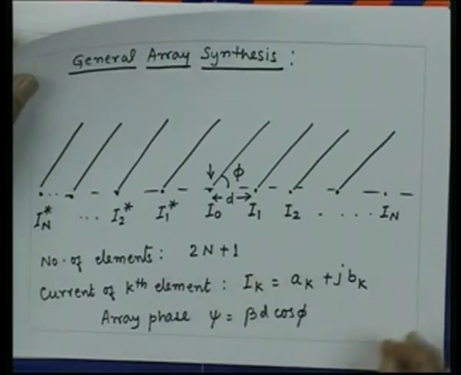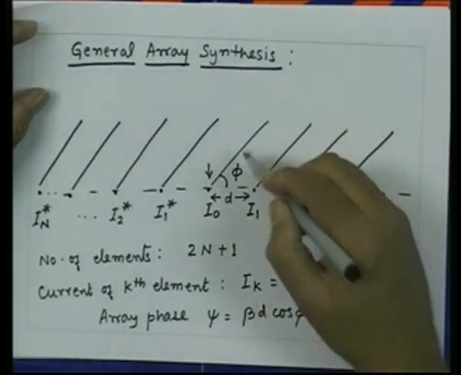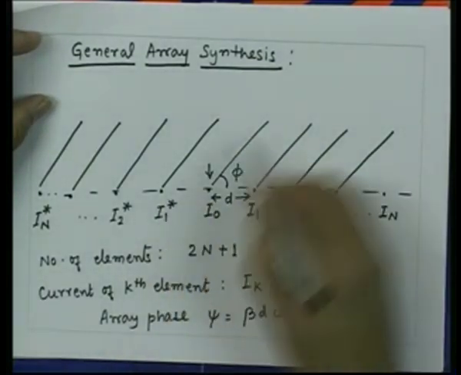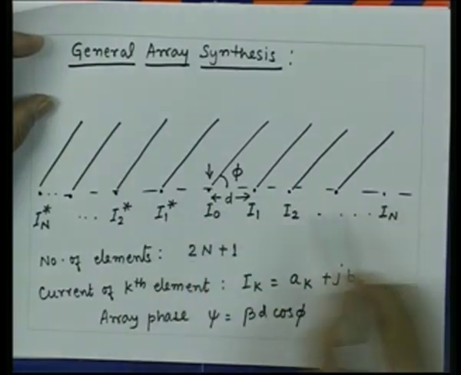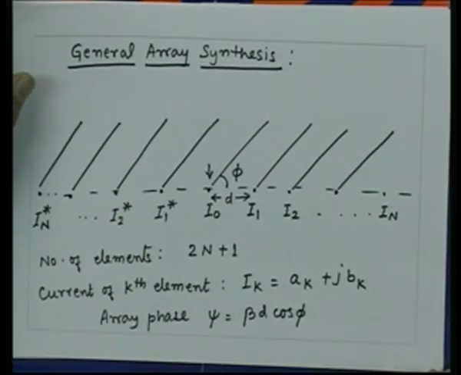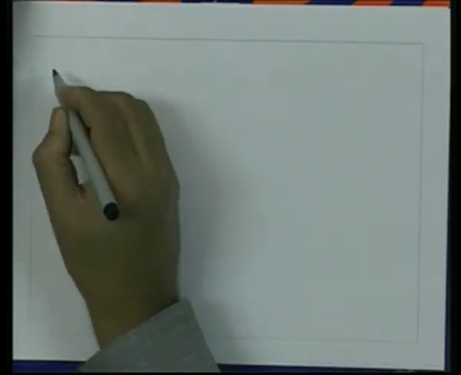Once we do this, we can write down the array factor by simply summing up the fields induced by the individual antennas. Applying simply superposition, we can write down the array factor.